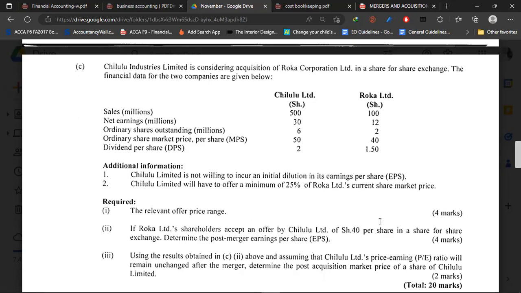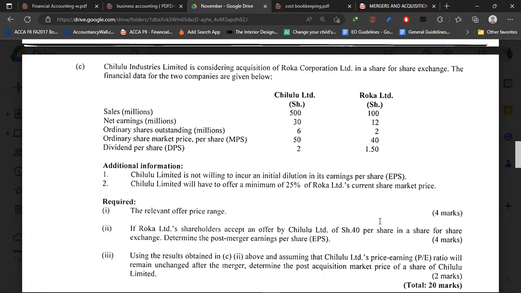And in this case, because we have been told to give a price range, that is what we are going to be calculating today, a price range. To calculate the non-dilution offer price of the predator, I have to get the pre-merger PE ratio of the predator, then multiply by the pre-merger earnings per share of the target.